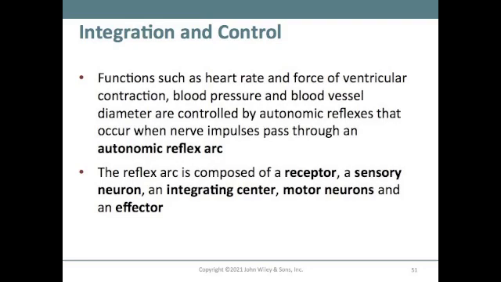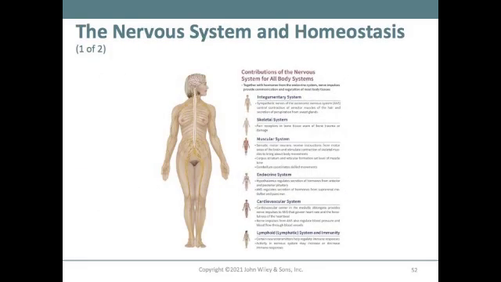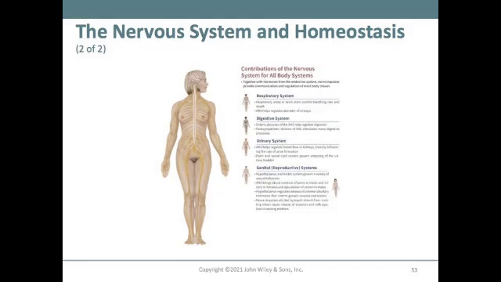All an effector is, is the organ. Like if it's affecting the heart, the heart is the effector. This is on page 564, focused on homeostasis, and it goes through and tells us how the autonomic nervous system helps your body to maintain its homeostasis.